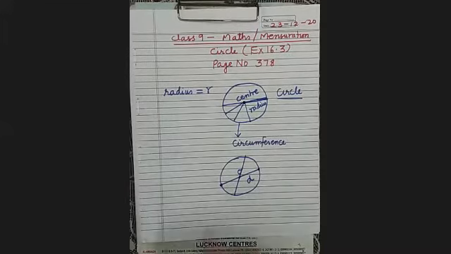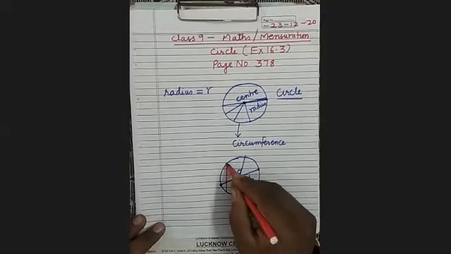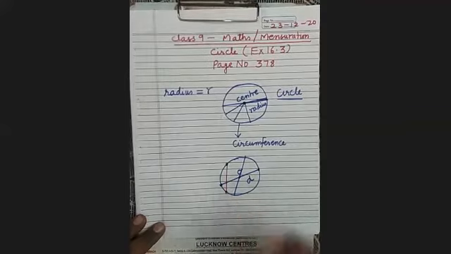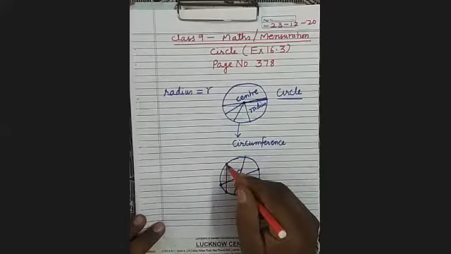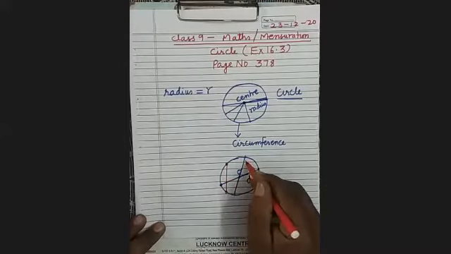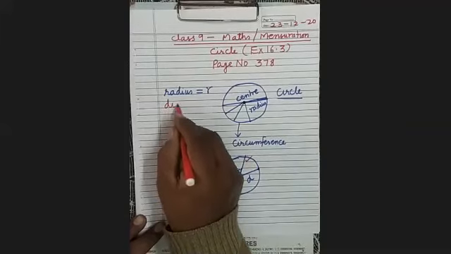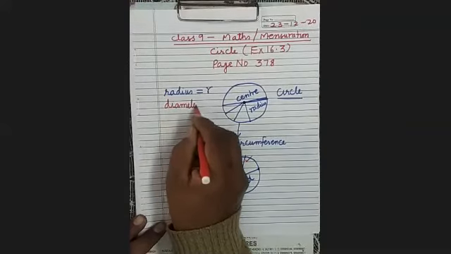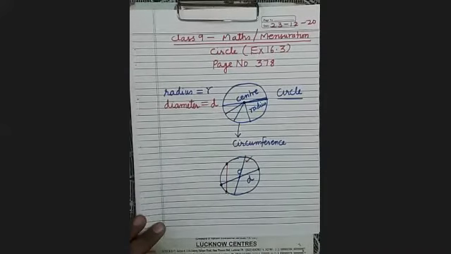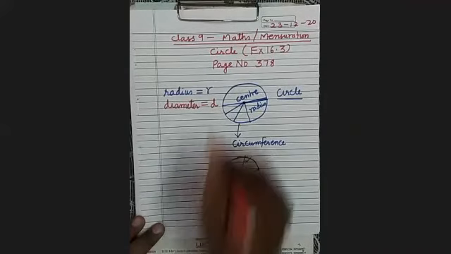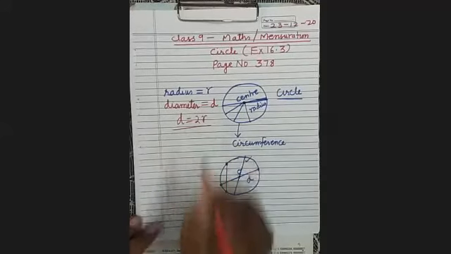It's clear. Can this be a diameter? No. It is joining two points on the circumference, but does not pass through center O. Therefore, it is not a diameter. This one is diameter. Diameter is denoted by symbol D. Now, what is the relation between diameter and radius? Diameter is 2 times of radius.